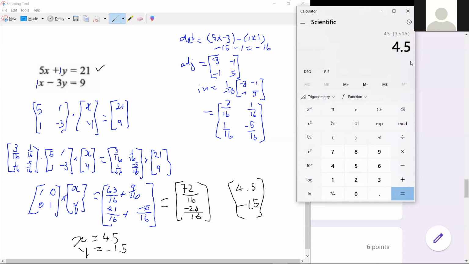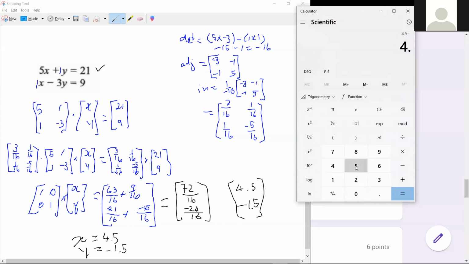And it gives me a, sorry, it's a minus 4.5, not 4.5. So it's supposed to be a minus 1.5 because it's minus 1.5. I just put in a 1.5. So let's just quickly do that again.